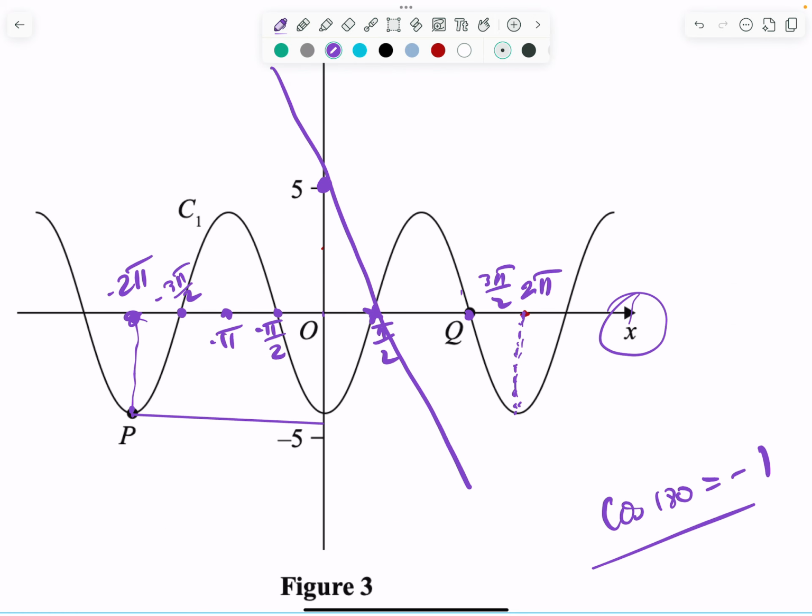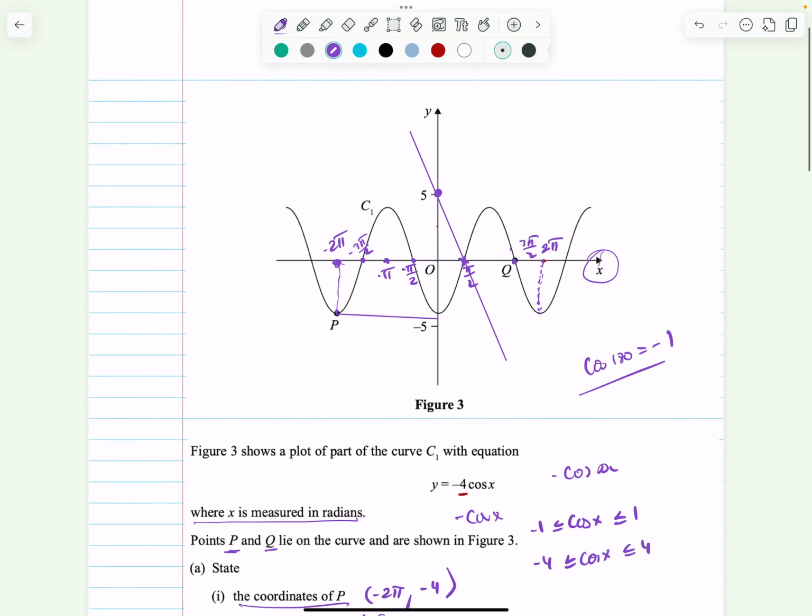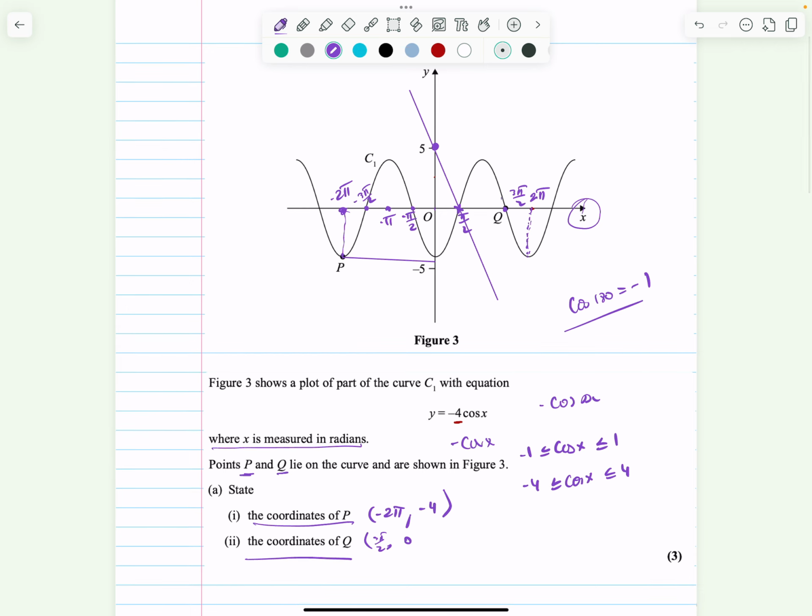So the graph, roughly sketching, is going to look something like this. You should have your graph there as well to get the full mark. As you can see, the 5 minus 10 over pi x intersects with the graph of negative 4 cosine x only once.